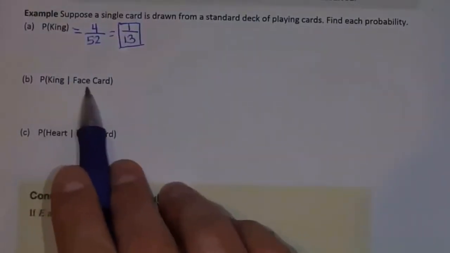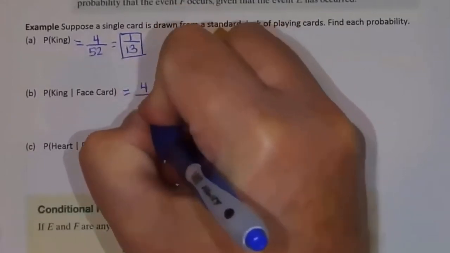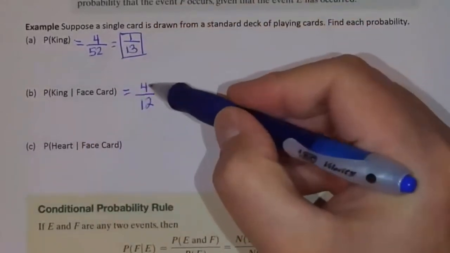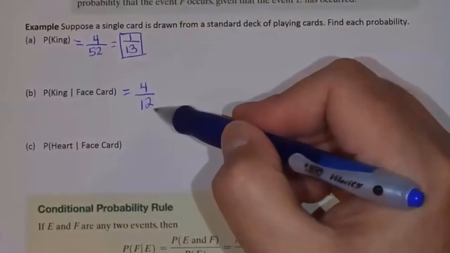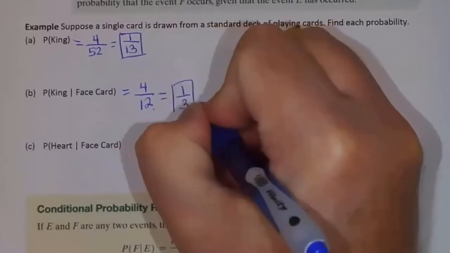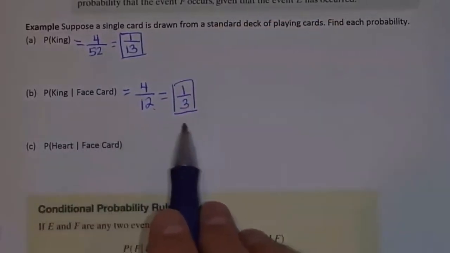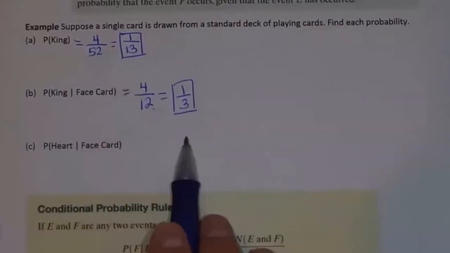So the probability of being a king, given that we have a face card, is 4 out of 12, 4 kings out of 12 face cards, or 1/3. So having this given changes the probability.